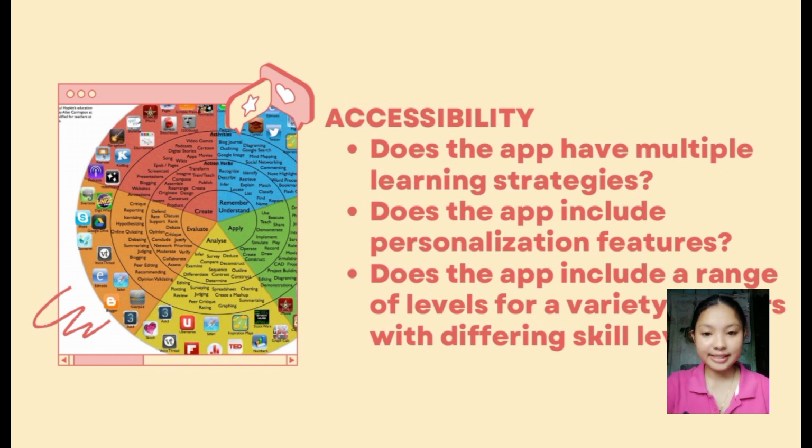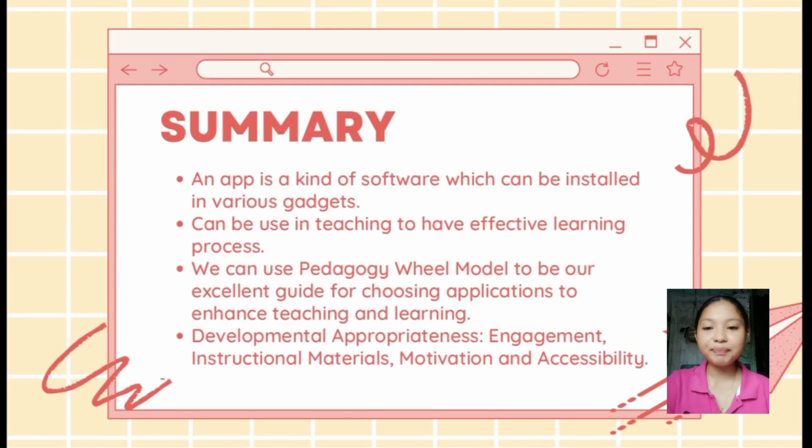Okay? So, in summary, an app is a kind of software which can be installed in various gadgets. Okay? And it can also be used in teaching to have an effective learning process. And of course, to have an effective learning process, your application should be appropriate to your grade level or intended learners.